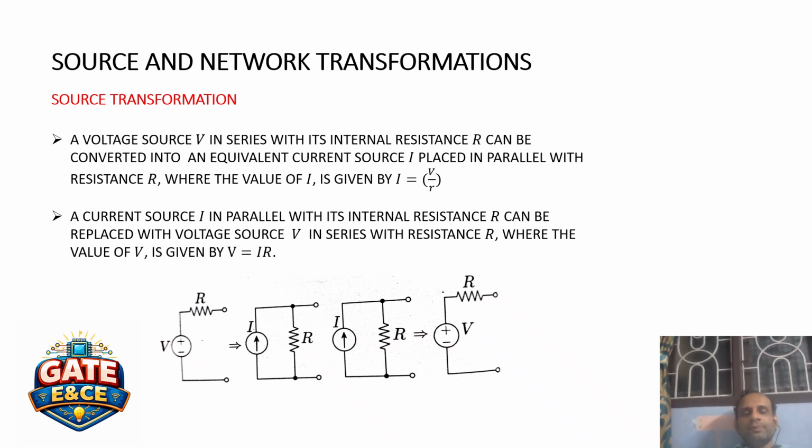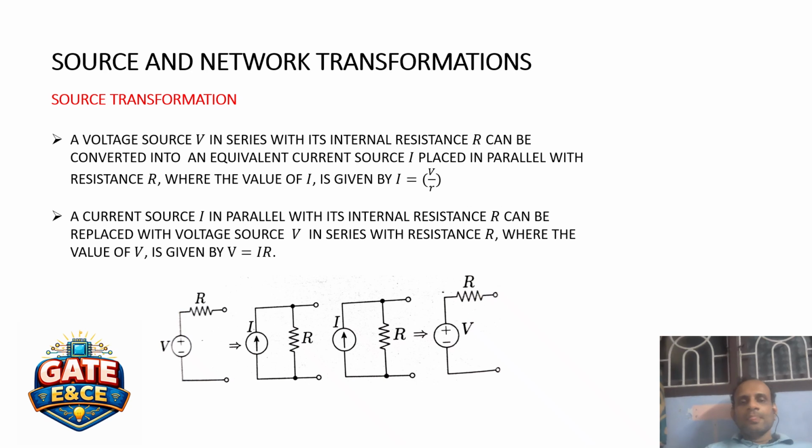Moving to the next topic, source and network transformation. So we will begin with source transformation. Here you can see a voltage source and a series resistance connected in series with the voltage source.